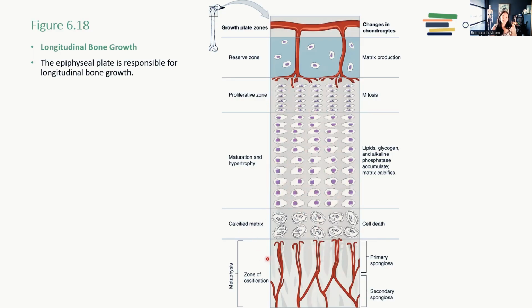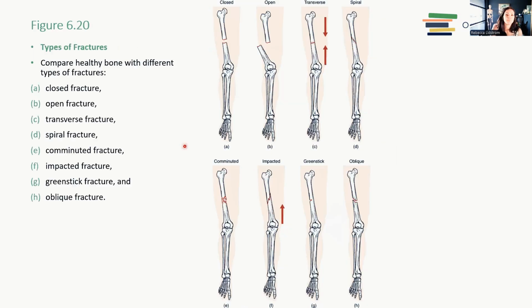So as we get calcified matrix, there's going to be some cell death, and then we get ossification. And this is going to be important because this is what's giving us the length of bone. So as this is all pushed down, we get hardened material, and the overall length of the bone is going to increase. Now, this all keeps happening until that epiphyseal plate closes, and we no longer have tissues that are replicating. We're not creating or proliferating new tissues, and it all becomes calcified and closes.